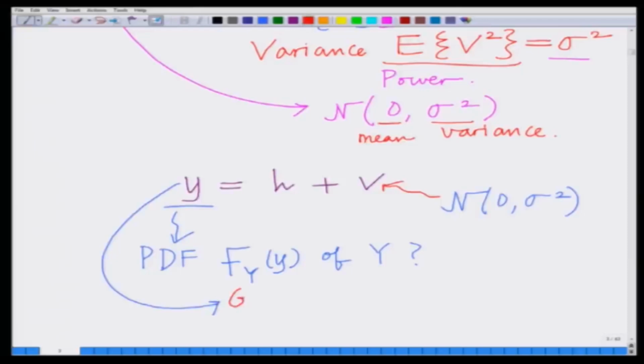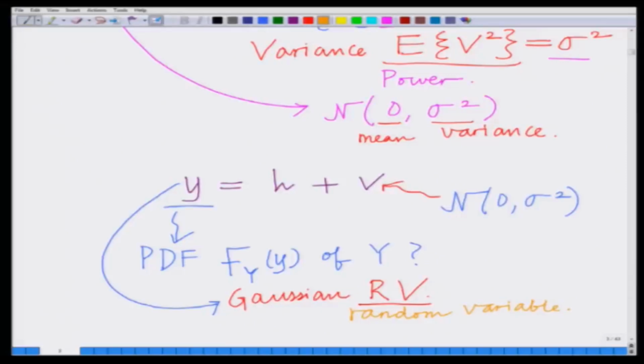The observation y is a Gaussian random variable. I am going to denote this by RV, which stands for random variable.